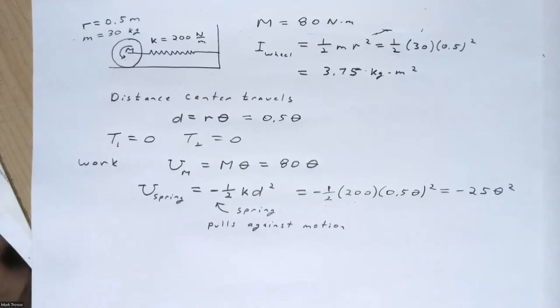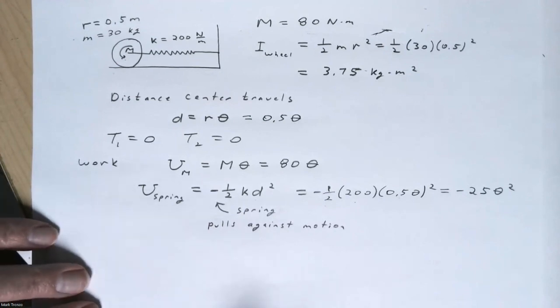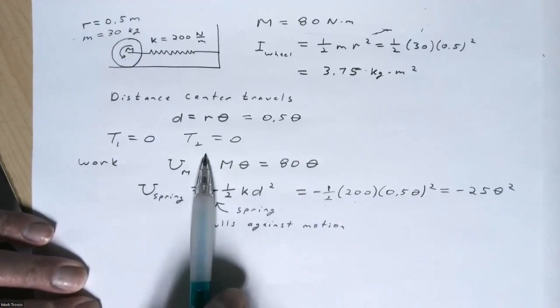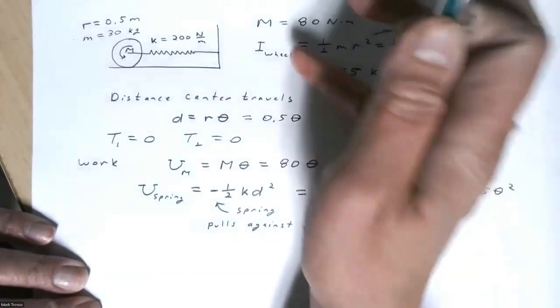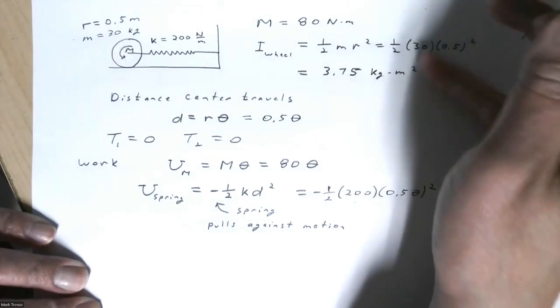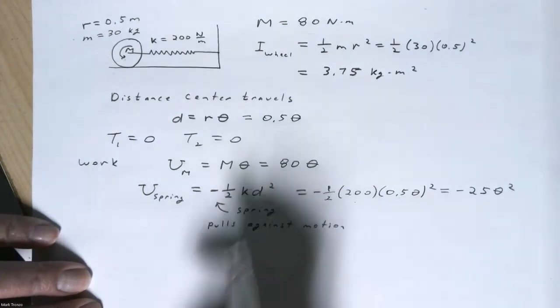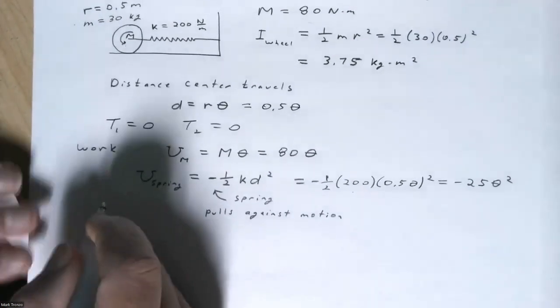Now I think we have everything we need. And actually, I'm realizing since these were both 0, we didn't even need to calculate the mass moment of the wheel, did we? Because I don't think it comes in anywhere. So let's do work energy.